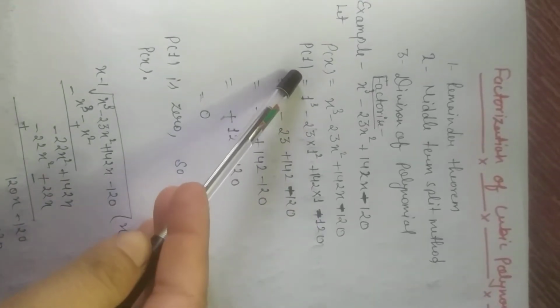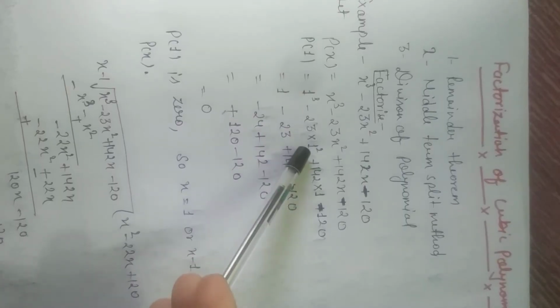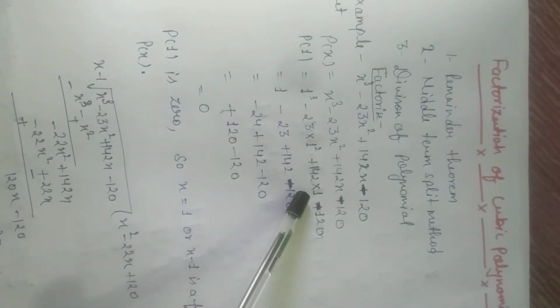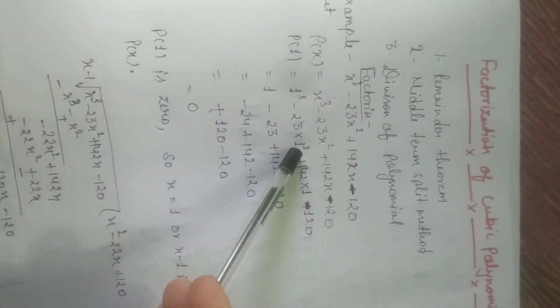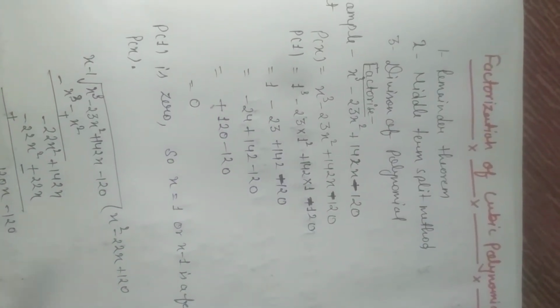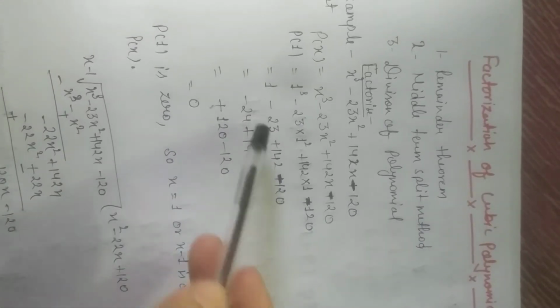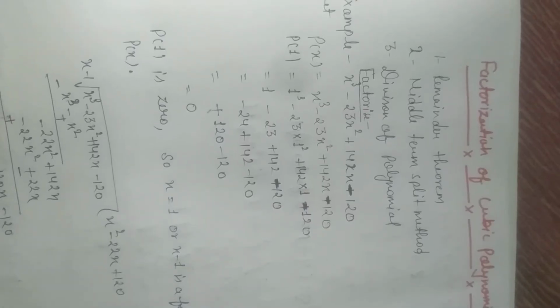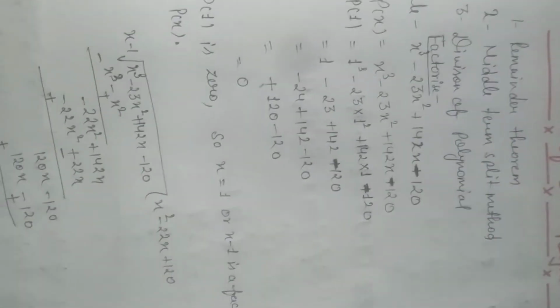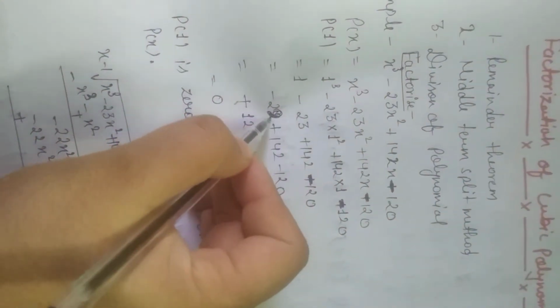So we are checking for P(1). We are keeping 1 in the place of x here: 1 cube minus 23 into 1 square plus 142 into 1 minus 120. 1 cube is 1, minus 23, when we multiply 1 by any number, that same number will come, plus 142 minus 120. 1 minus 23, what will come?